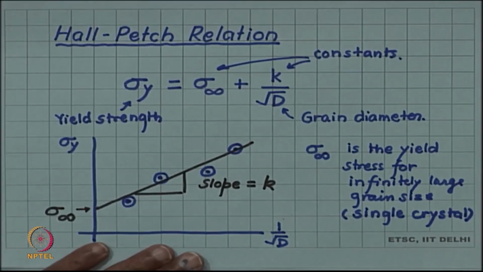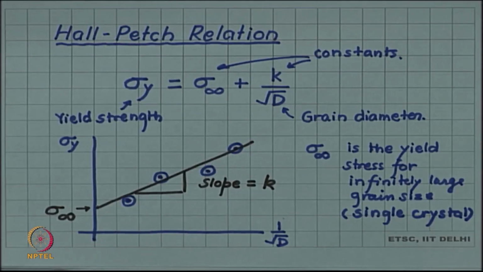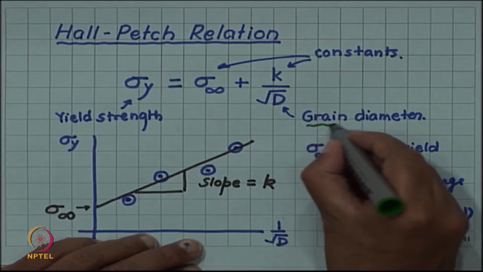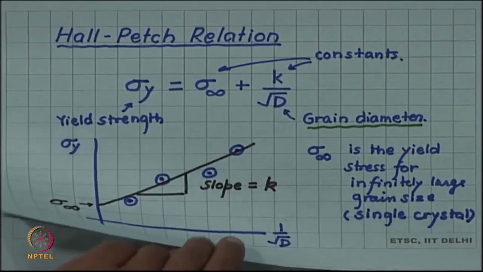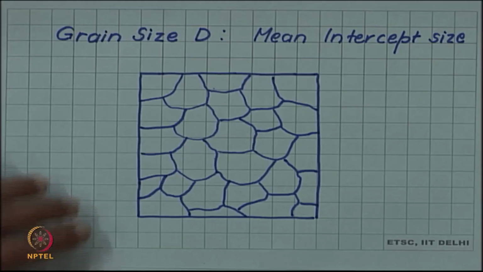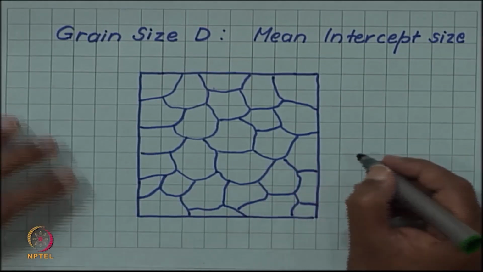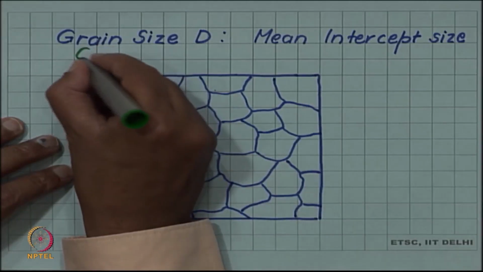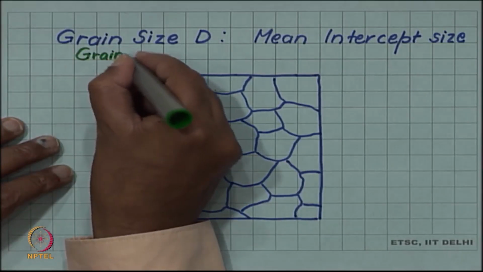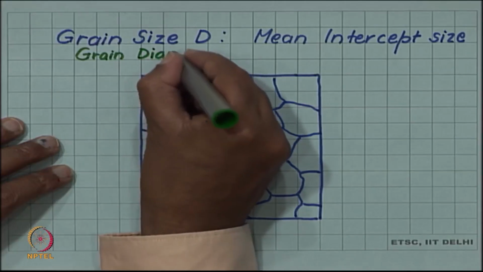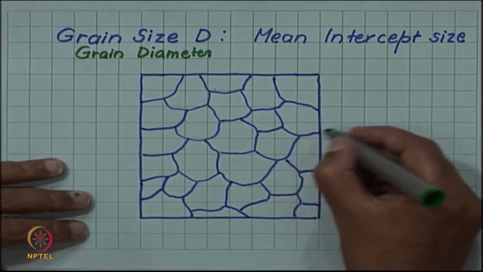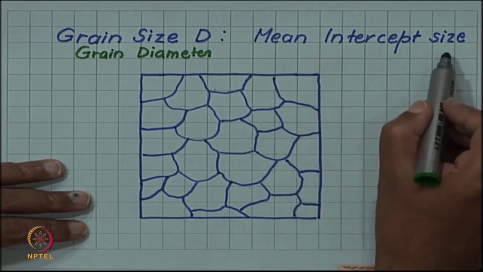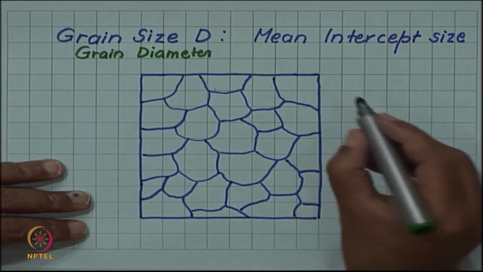But one point here is still not obvious: what do we mean by grain diameter? What is meant by grain diameter, which we are plotting along the x axis? So, let me make it a little bit quantitative. One way the grain size is measured is what is called the linear intercept method, or mean intercept size.